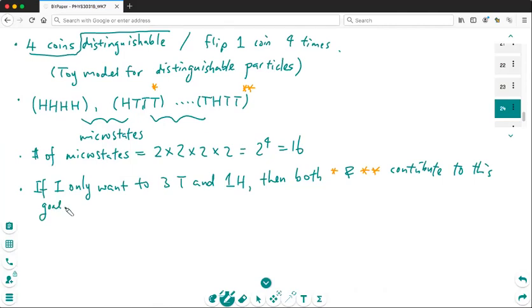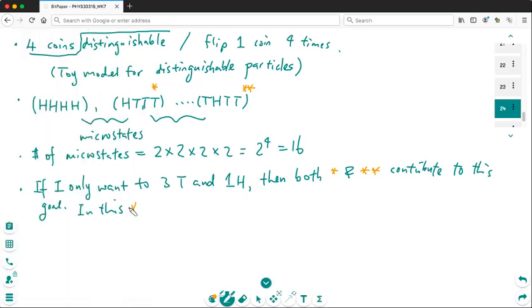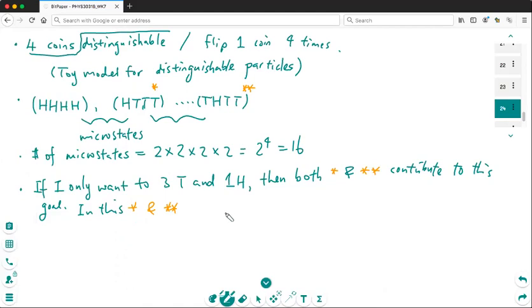And here we say, in this case, HTTT and THTT belong to the same macro state.